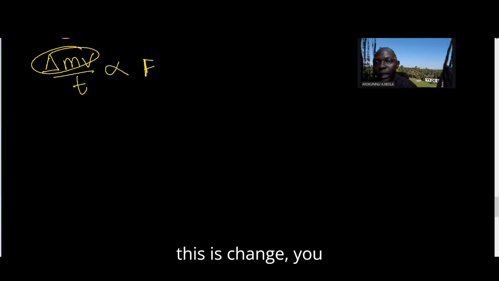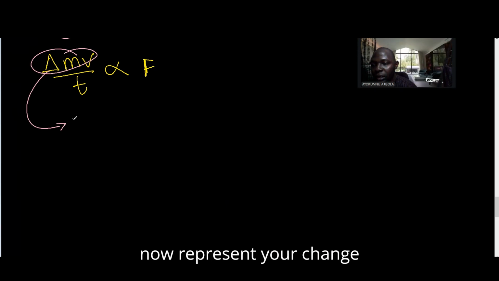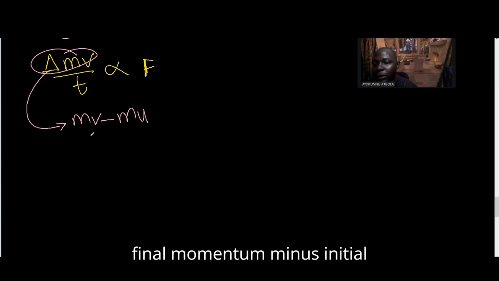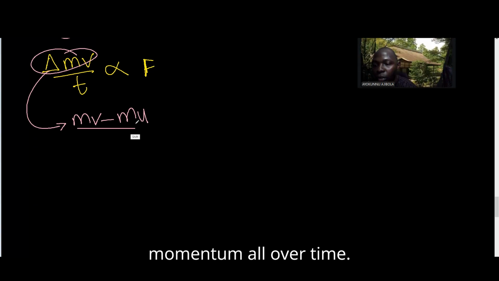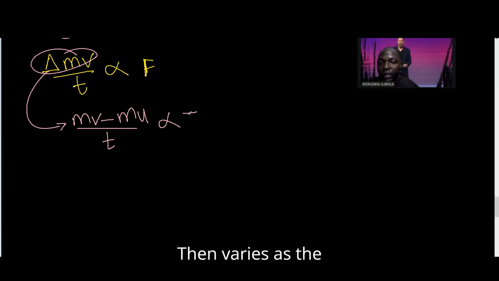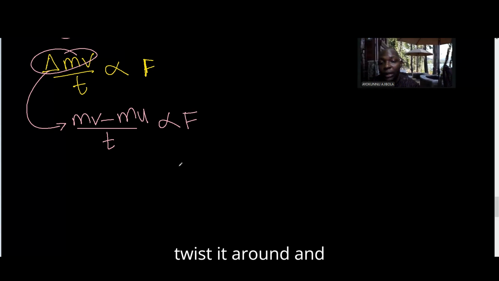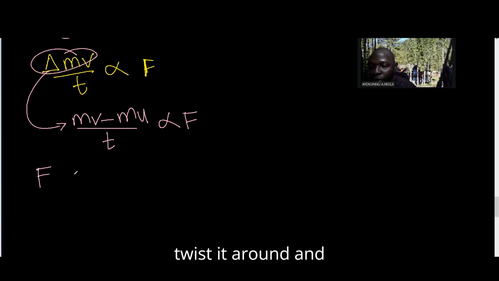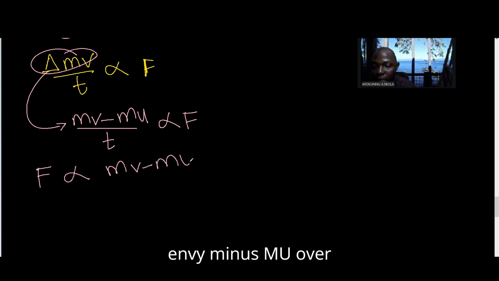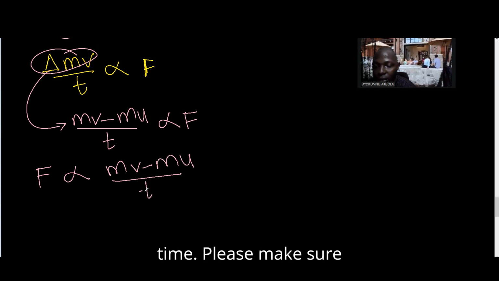Since you said this is change, you will now represent your change like this. Change is final momentum minus initial momentum, all over time. Then it varies as the force. Or you can twist it around and say force varies as mv minus mu over time.